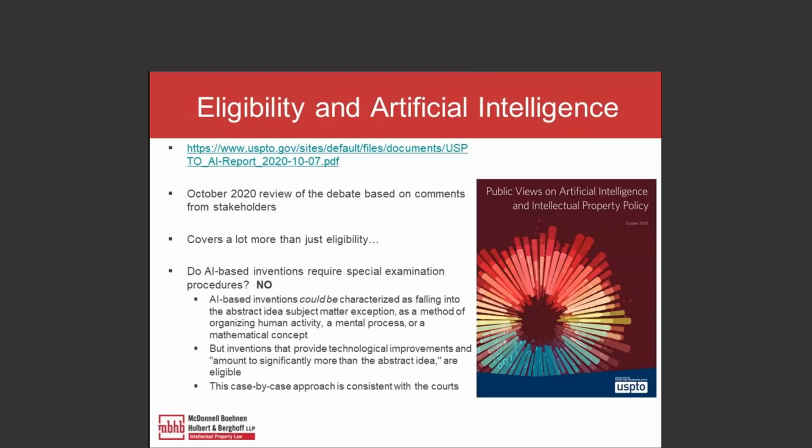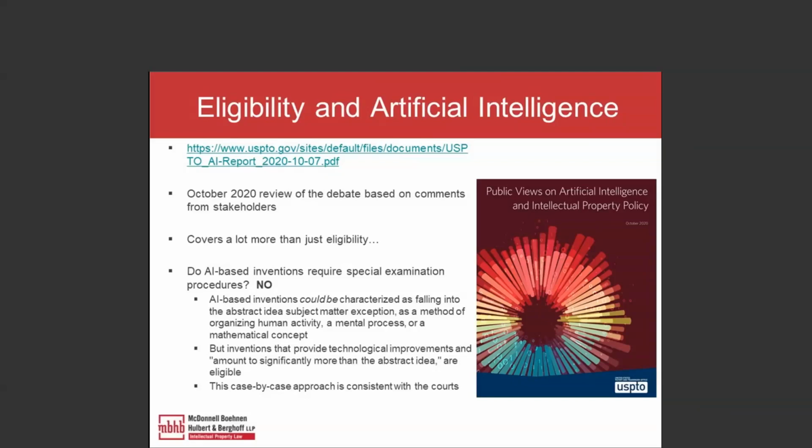And so on. And so it covers a lot more than eligibility, but from an eligibility point of view, from a 101 point of view, it represents a few points of view that came out of the stakeholders. Some stakeholders believe that AI-based inventions are really almost all abstract ideas because underlying AI systems is a lot of abstract math.